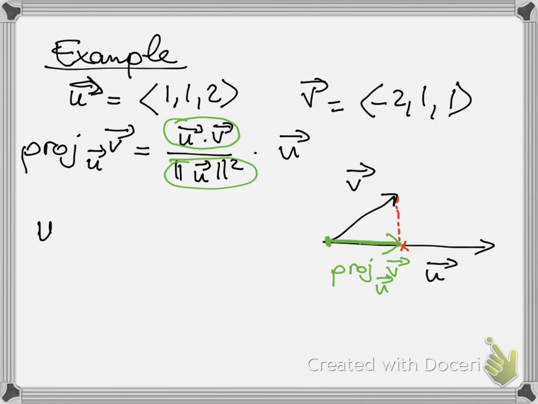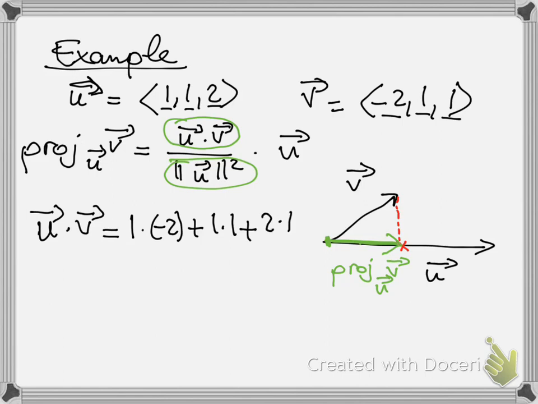So first, what's u dot v? It's 1 times -2, plus 1 times 1, plus 2 times 1. So -2 plus 1 is -1, plus 2 is +1. So u dot v is equal to the number 1.